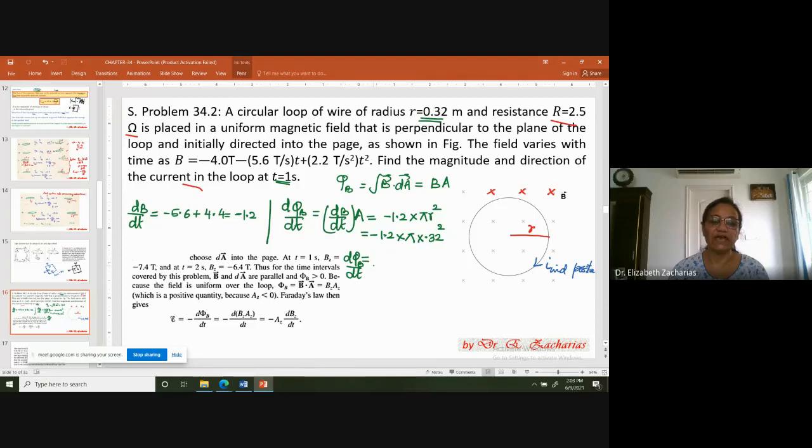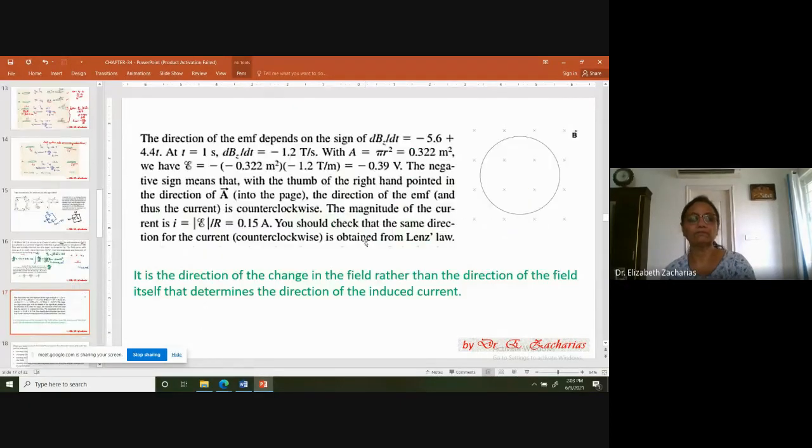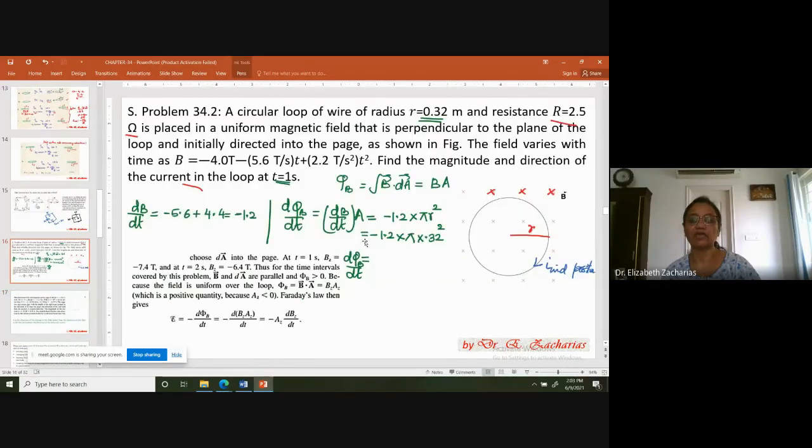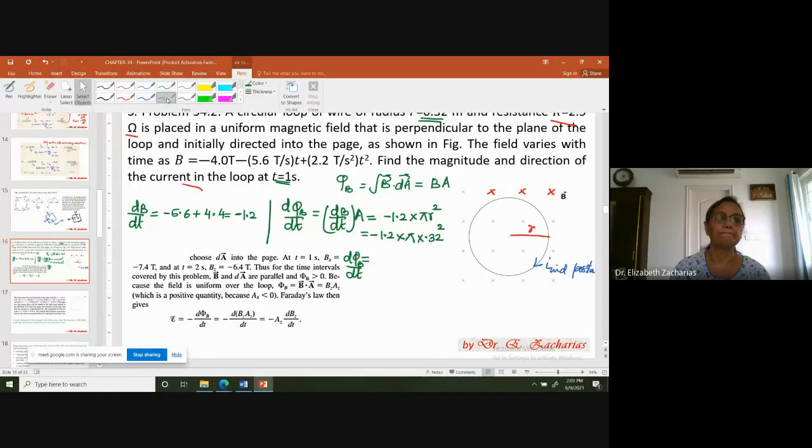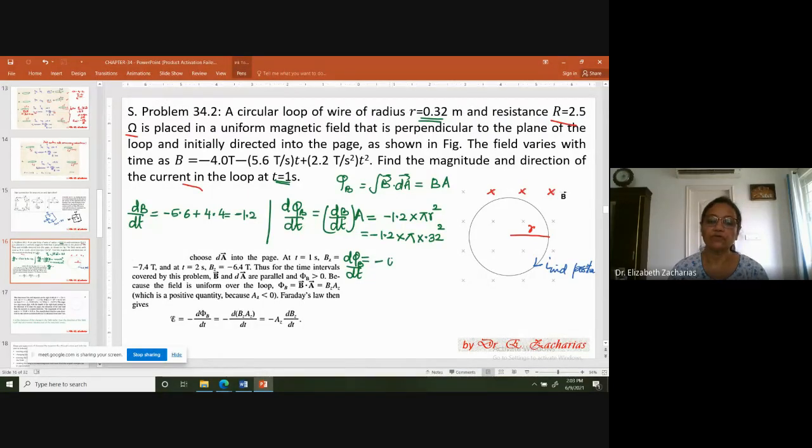So if I do this, I get my d phi b by dt as minus 0.39 volts.